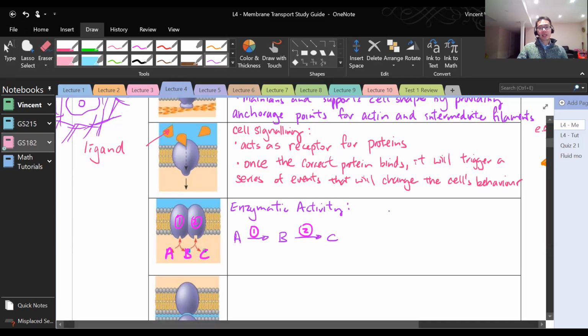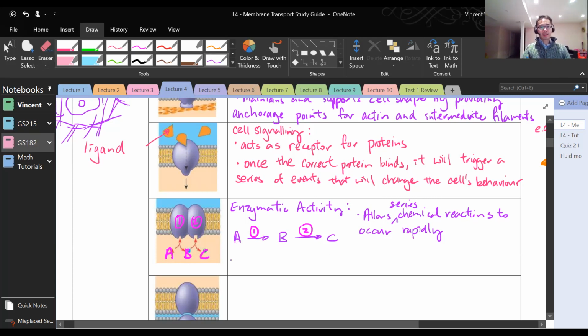So this allows chemical reactions to occur rapidly. You can say multiple chemical reactions, a series of chemical reactions, because it's one after the other.